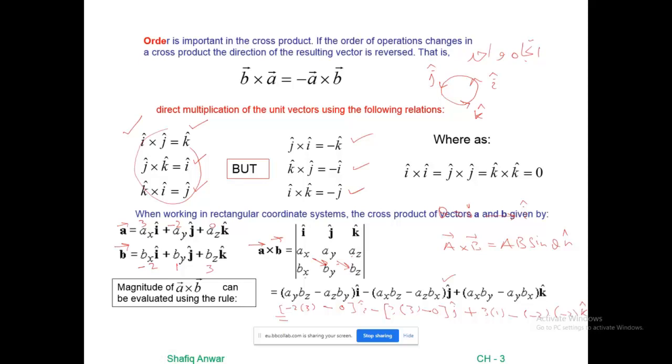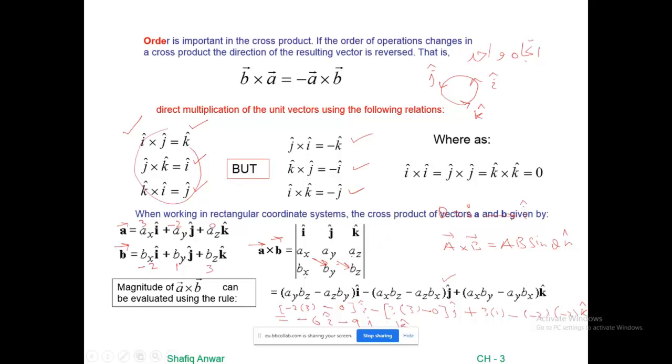So finally you will be getting, for example, -6i and -9j and plus and minus, so 3 minus 4. So this will be k only, minus k, like this one.